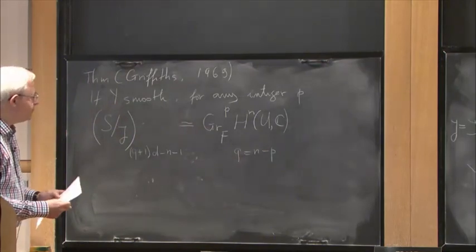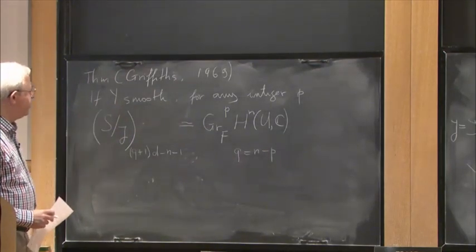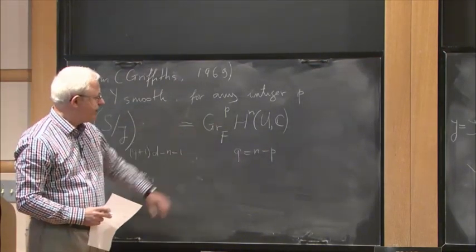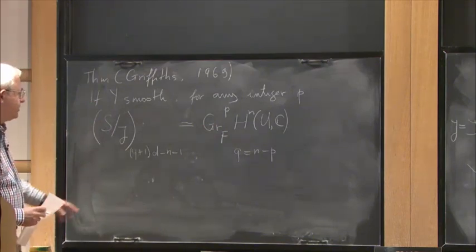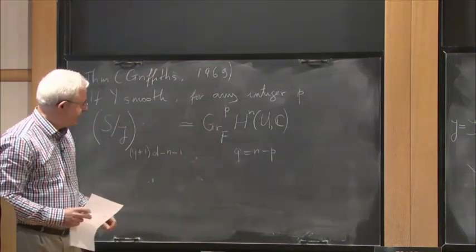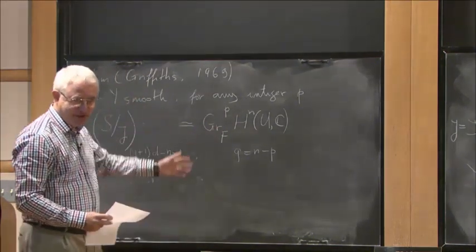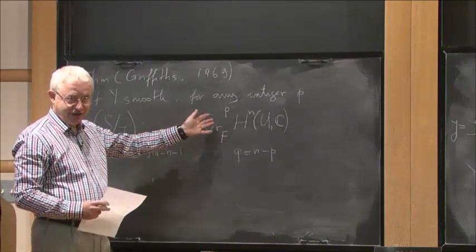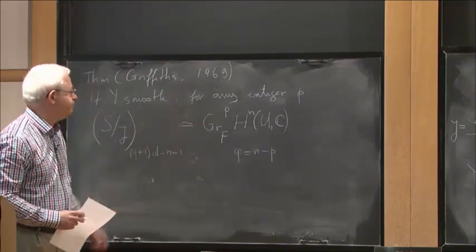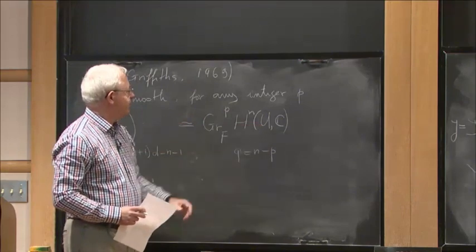And in fact, Griffiths' theorem was not stated like that, because this was a little bit before Pierre Deligne introduced the mixed Hodge structure on the cohomology of non-projective varieties.